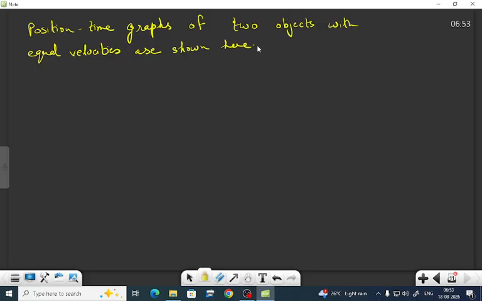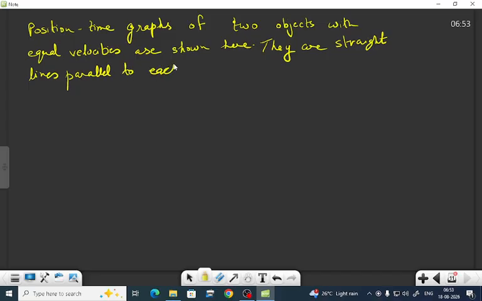They are straight lines, parallel to each other.